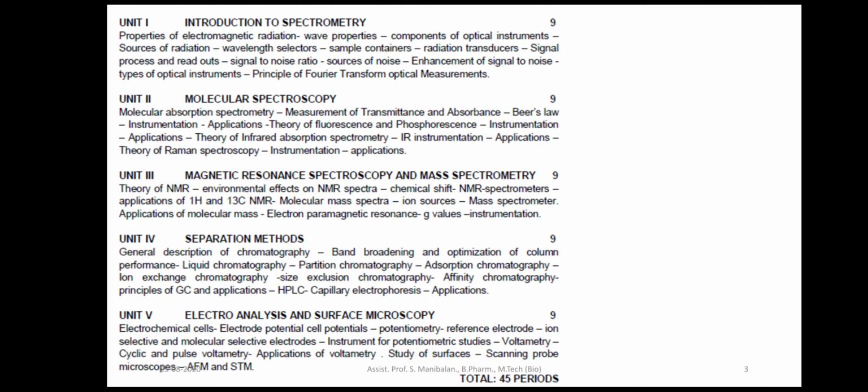And unit 3 is about magnetic resonance spectroscopy and mass spectrometry. Magnetic resonance spectroscopy is about NMR, nuclear magnetic resonance. In this we put a sample between two magnetic fields, and we also give an electrical charge. What happens is that the molecule gets spin.